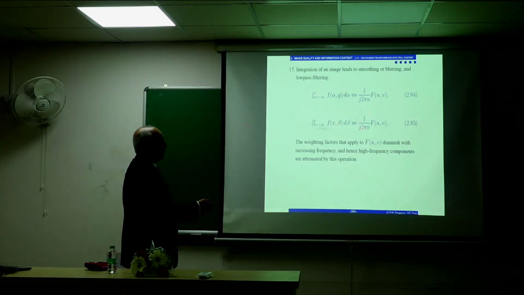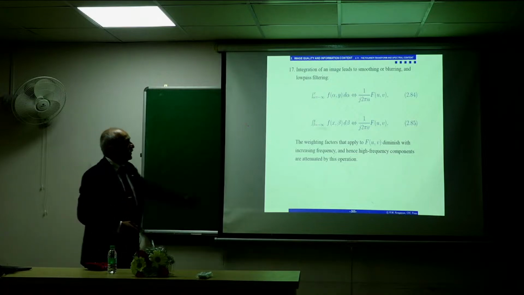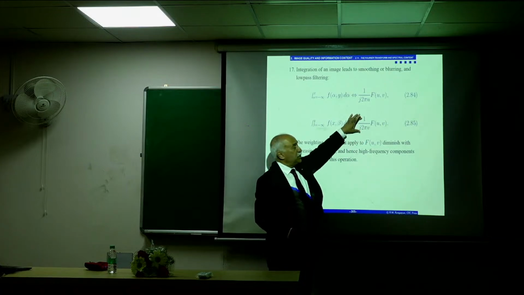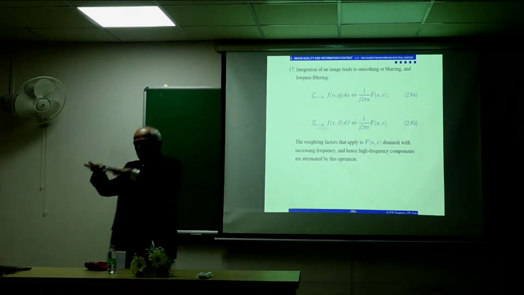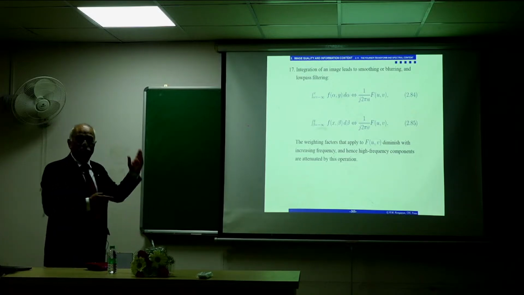And 1 over j2 pi v if you integrate in the other direction. So these are now decreasing with frequency. Higher the frequency, the lower this weight. So high frequency components are suppressed. And that is low pass filtering.